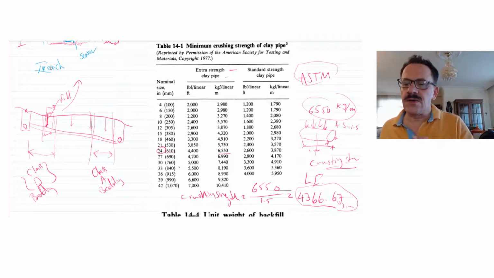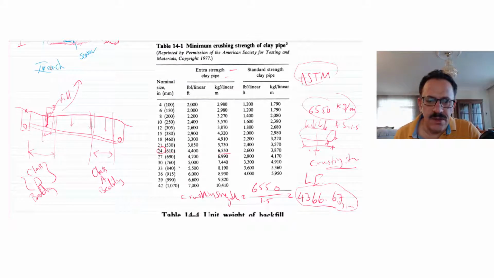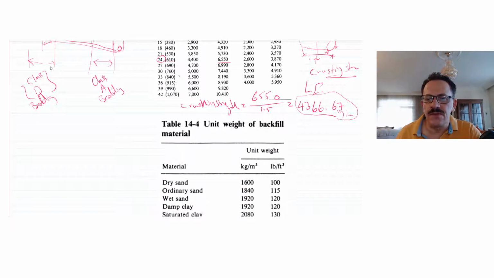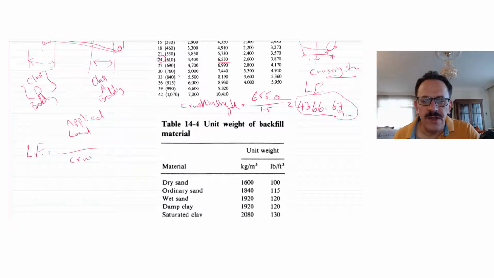It means that when I'm going to calculate the load factor, I will use this crushing strength value. So I will say load factor will be equal to the applied load divided by the crushing load, which is the one from the table, divided by the factor of safety.